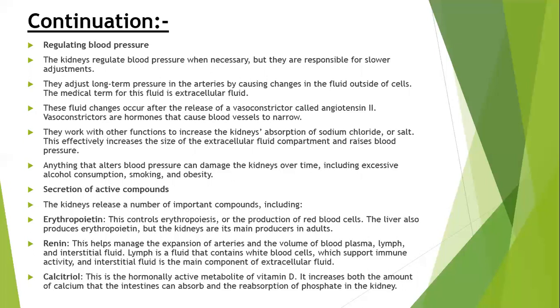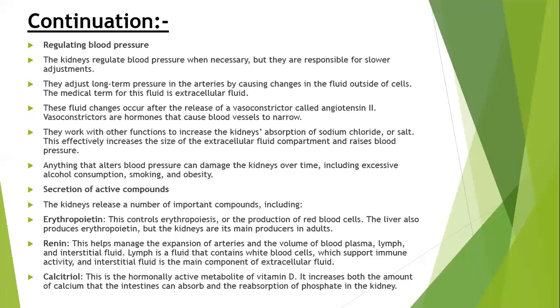Blood vessels narrowing is called vasoconstriction; when they dilate, it is called vasodilation. They work with other functions to increase the kidney's absorption of sodium chloride, or salt. This effectively increases the size of the extracellular fluid compartment and raises blood pressure. Anything that alters blood pressure can damage the kidneys over time, including excessive alcohol consumption, smoking, and obesity.